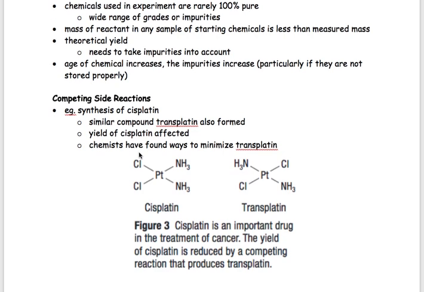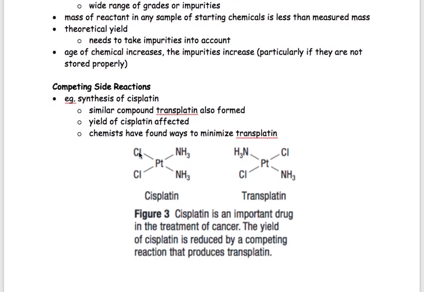You might do this next year, and if you keep studying chemistry in university, you'll learn that there are substances that look like they're the same chemical compound, with the same formulas, but if you look at how the branches are attached, there's cisplatin and then transplatin.